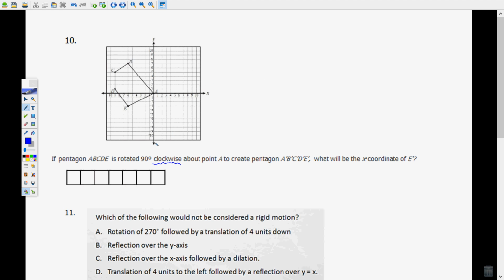Well, first of all, clockwise 90 degrees, we talked about this one in number 6, is 270 degrees counterclockwise. We discussed at the beginning of the year that when we do a rotation, it's always going to be counterclockwise in geometry. So let's remind ourselves of the shortcuts.